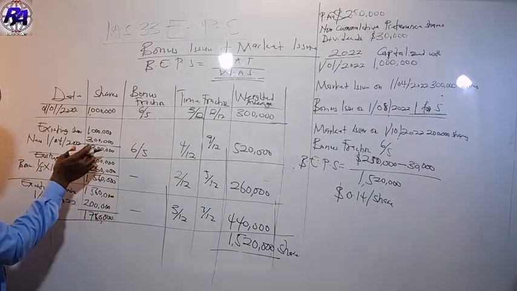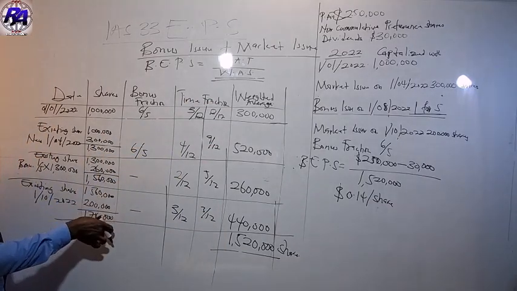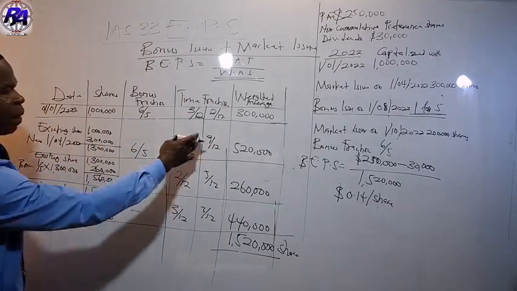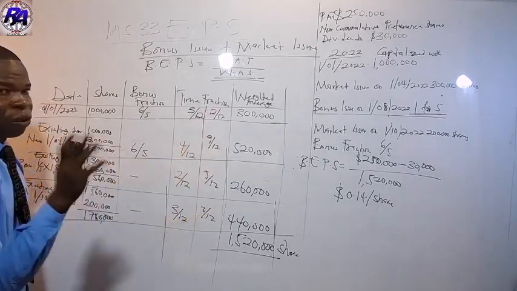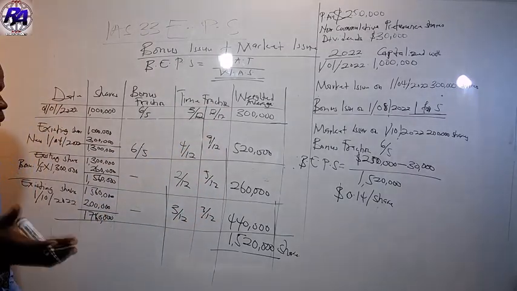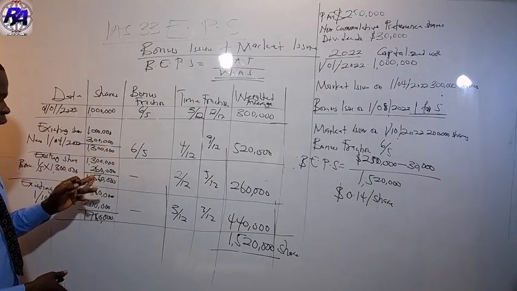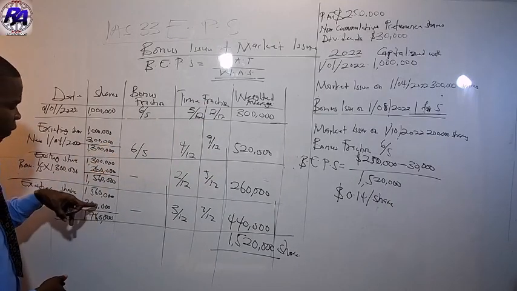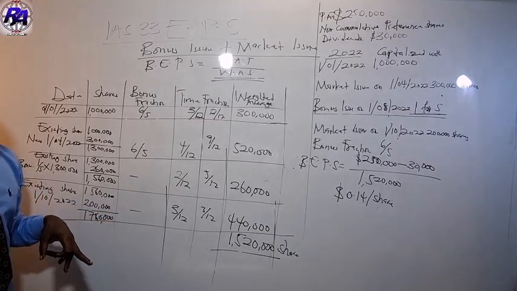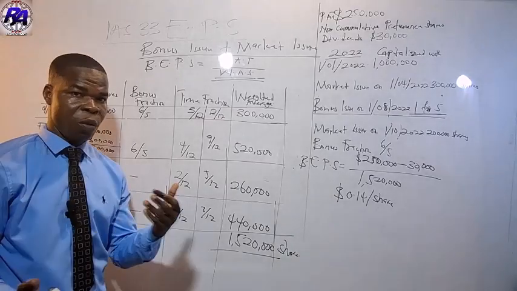But remember that these values will not be the same. If you use this particular approach, you might get it wrong. Because when you come here, you only have to consider the 300,000. If you come here, you only have to consider the 260,000. If you come here, you only have to consider the 200,000. And if you don't take care, you may end up complicating things.